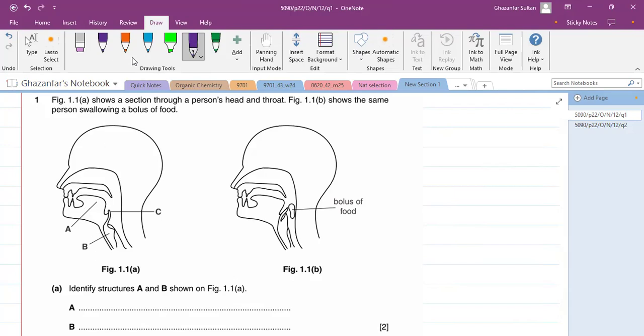So you can see here the structure shown here. This is the tongue.